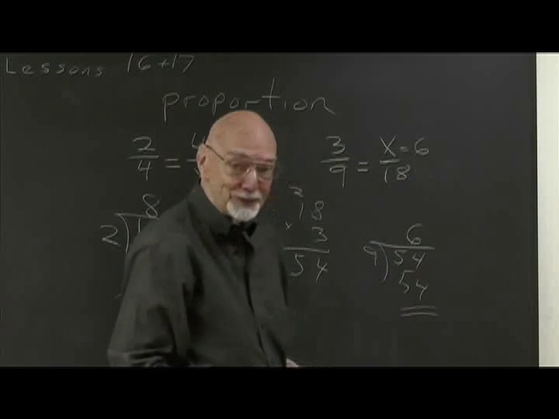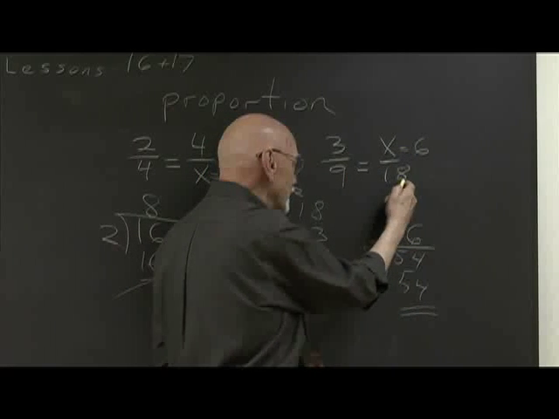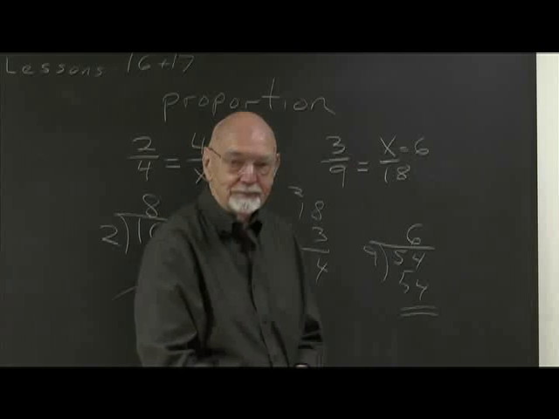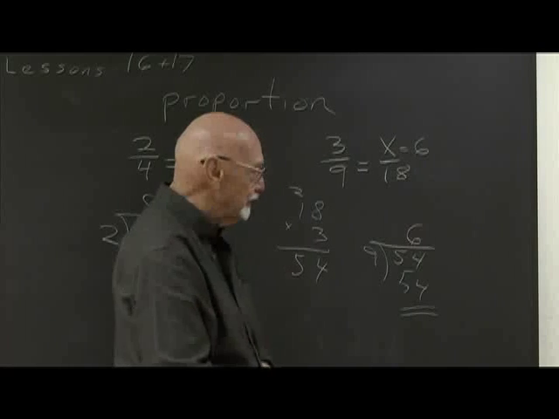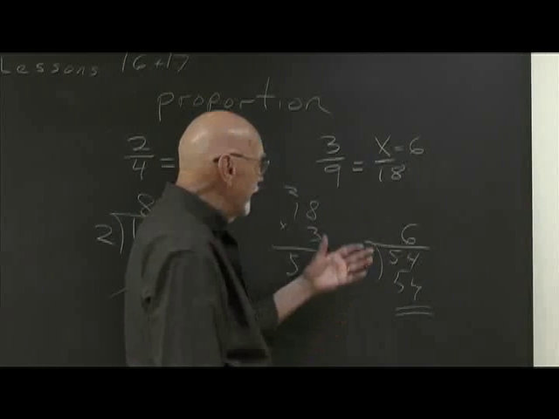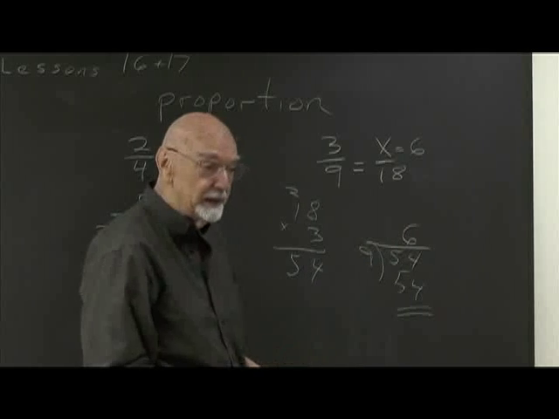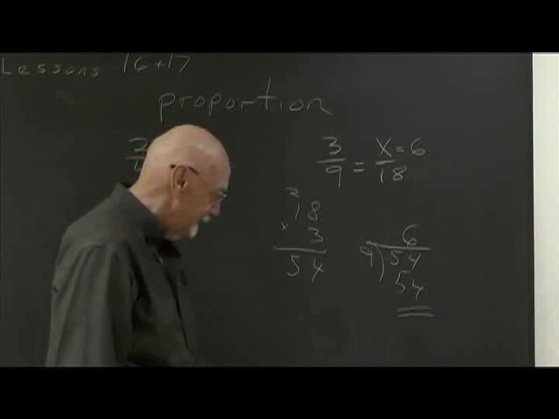I should have started with 2 like I always do. 2 into 6 would be 3. 2 into 18 would be 9. Okay? That's the proper way to reduce it, and they're equal. This side is always equal to that side in a proportion.